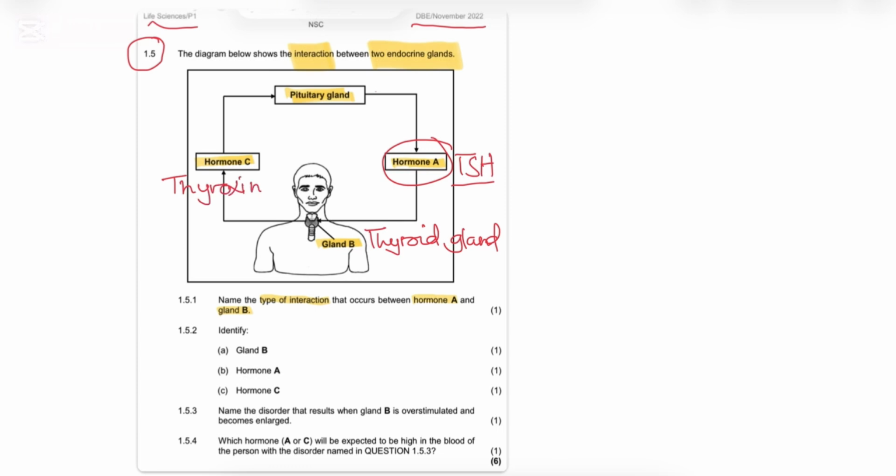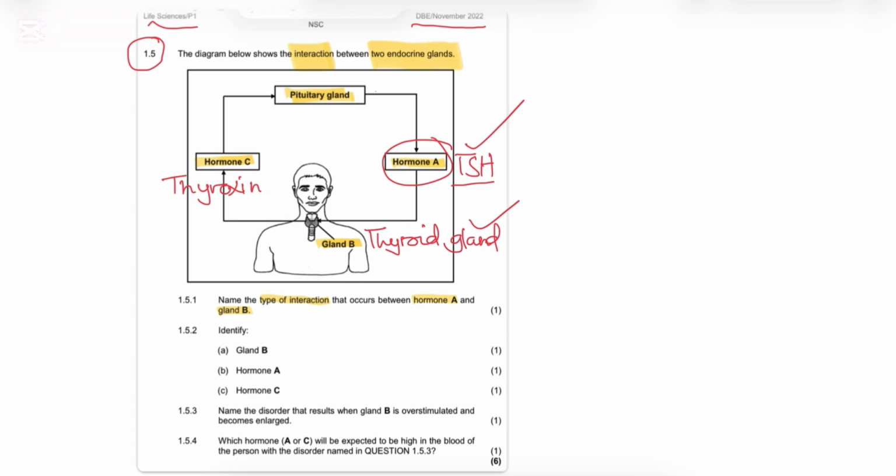So, the type of interaction that is occurring between thyroid-stimulating hormone and the thyroid gland is negative feedback mechanism.